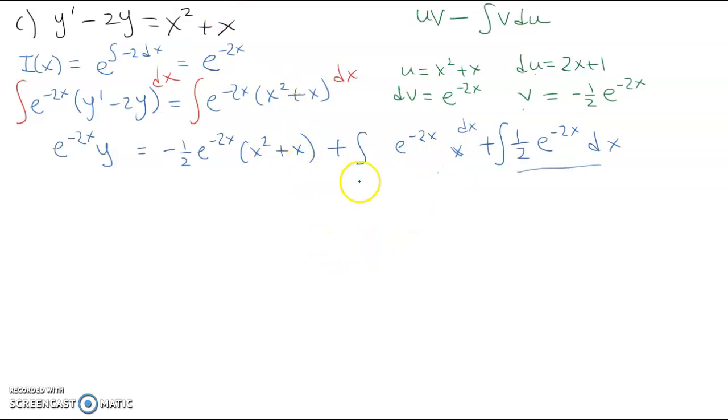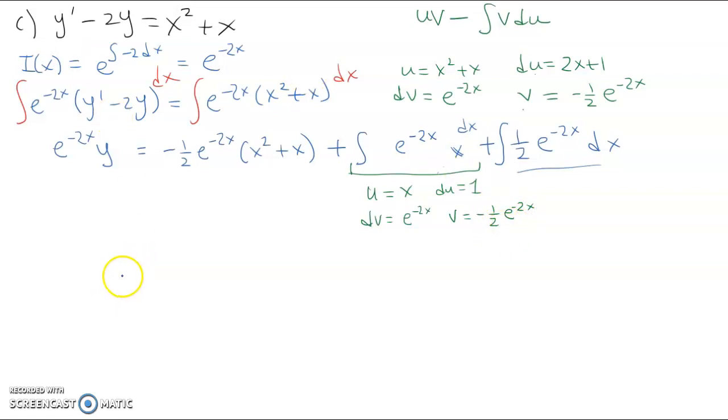Alright, so let me do the integration by parts once more for this part of the integration. So u is x, so du is 1. dv is e to the power of negative 2x, so v is negative 1/2 e to the power of negative 2x.